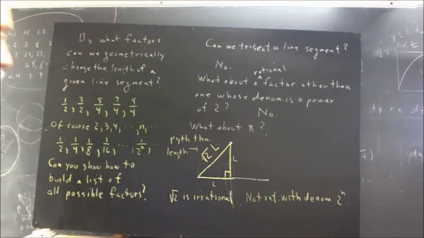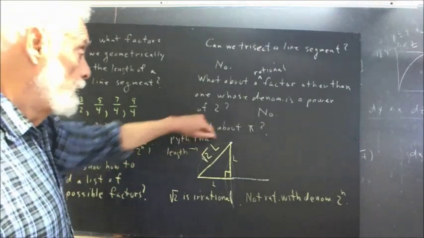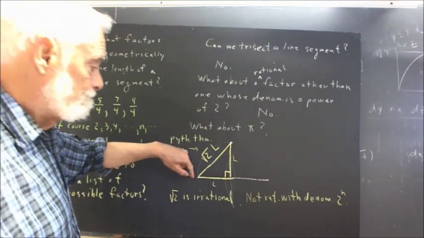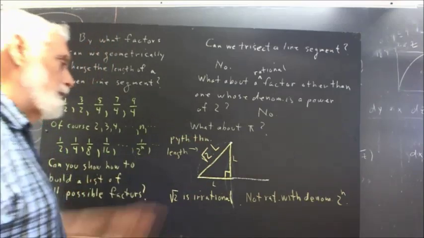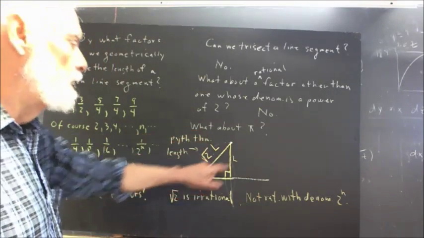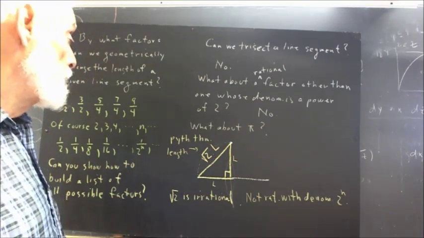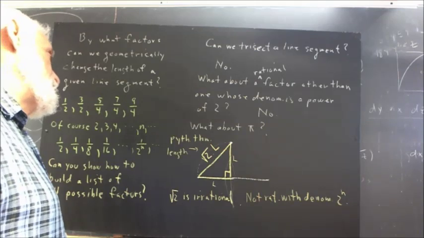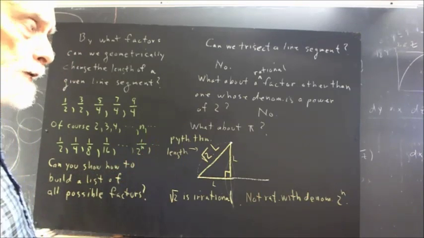geometric construction. But you can geometrically construct a triangle where the hypotenuse can be proven to be irrational, and that's an irrational multiple of the length of the two legs. That's a proof that you should understand.